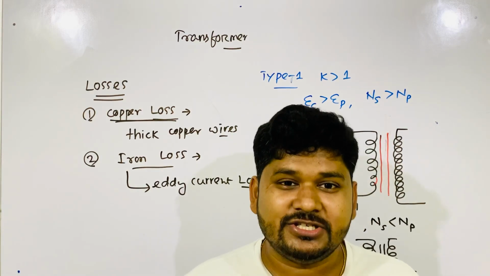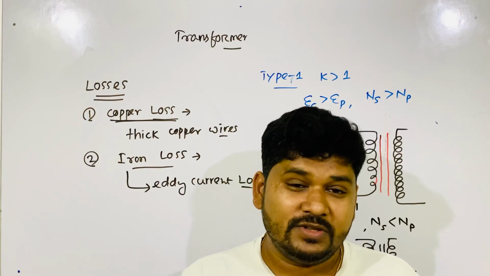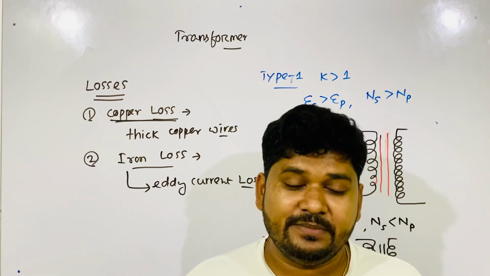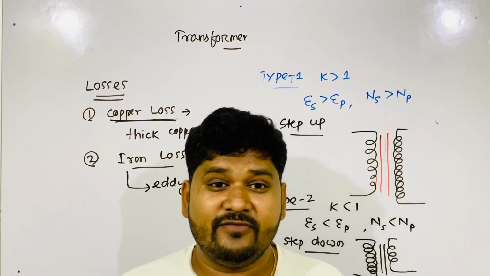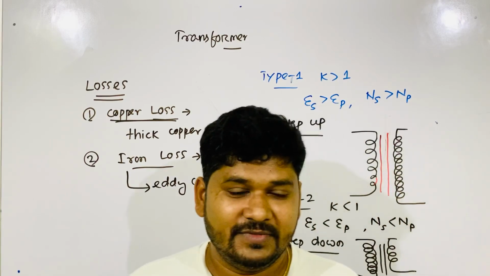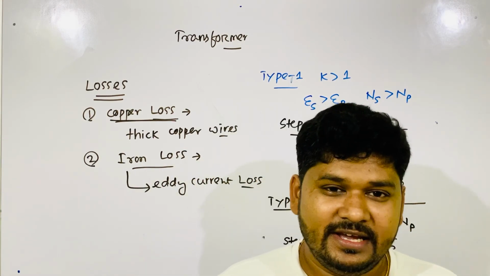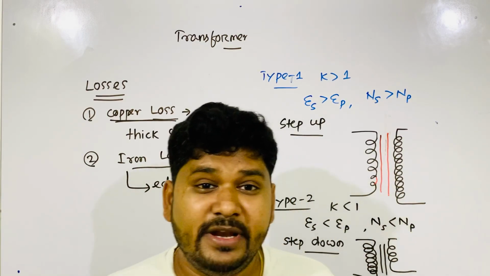So current is induced in that soft iron core. Though it is not connected to any power supply, current is induced there due to the change of magnetic field, of magnetic flux. Which current? Eddy current. So electric energy is lost in the form of eddy current. That's called eddy current loss. But how will you minimize it?